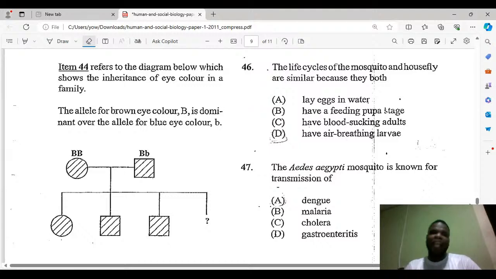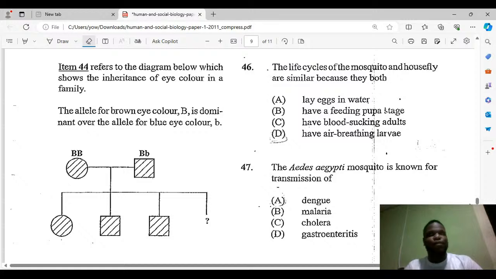All right, let's go through it. So the first thing I need you to ask yourself is this: mosquito and horsefly. Does mosquito lay in water? Yes, they do. Do flies lay in water? No, they don't.